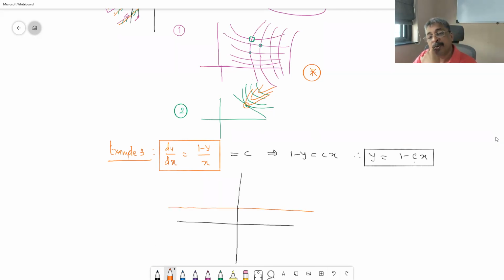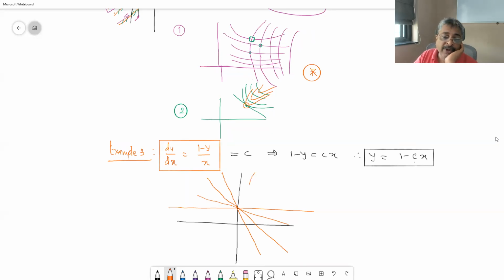If c is equal to 1, then minus x plus 1, that is slope minus 1 passing through 1. So if c is equal to 1, this is your isocline. For c is equal to 2, y is equal to 1 minus 2x. It is going to be this, your isocline. For c equal to half, this is going to be your isocline.